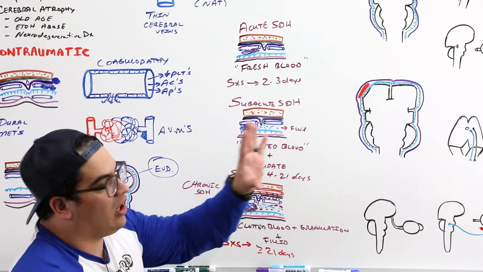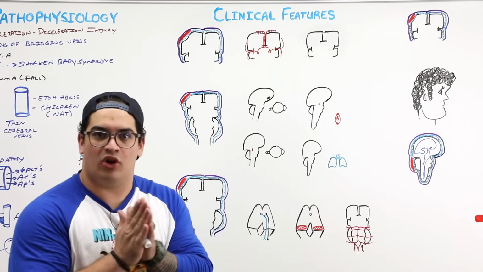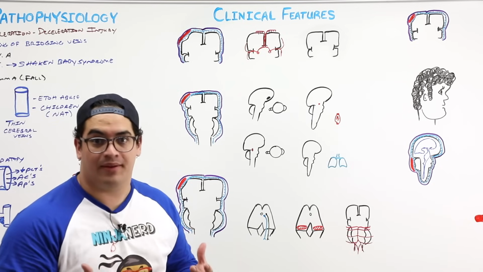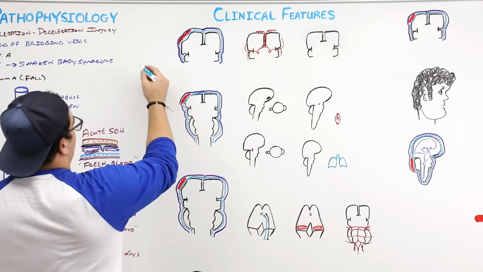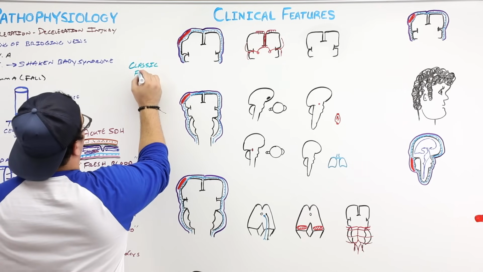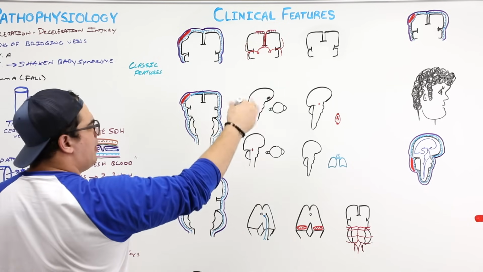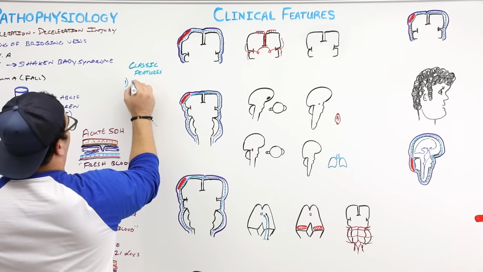Now that we know that, let's talk about the clinical features. When someone develops a subdural hematoma, what can be the clinical features? Before we start talking about the most ominous findings, the basic ones are that they may present with a headache.